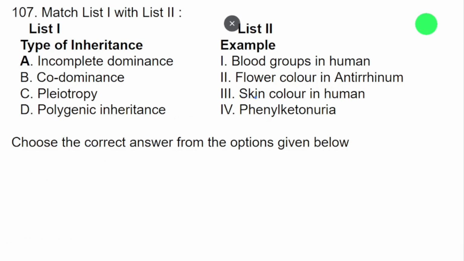Next one, polygenic inheritance. The example is skin color in humans. So polygenic, as the name suggests, poly is for many, genic is genes.